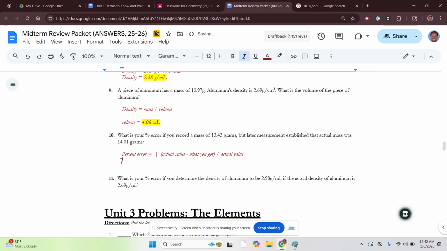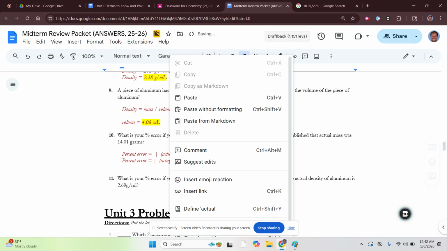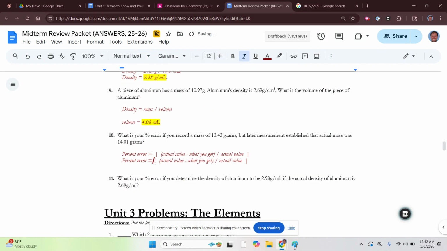So percent error equals, let's figure this out. The actual value was 14.01 minus 13.43 divided by the actual value, which is 14.01.